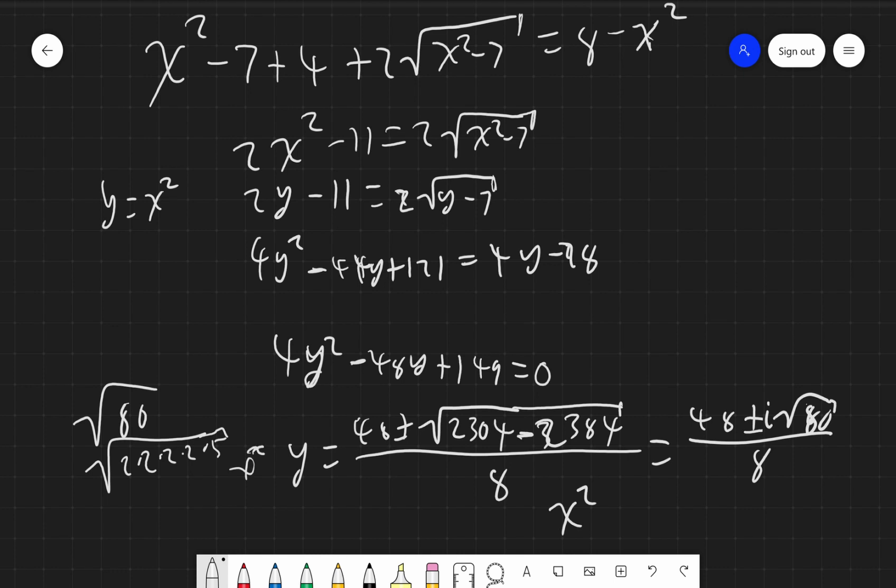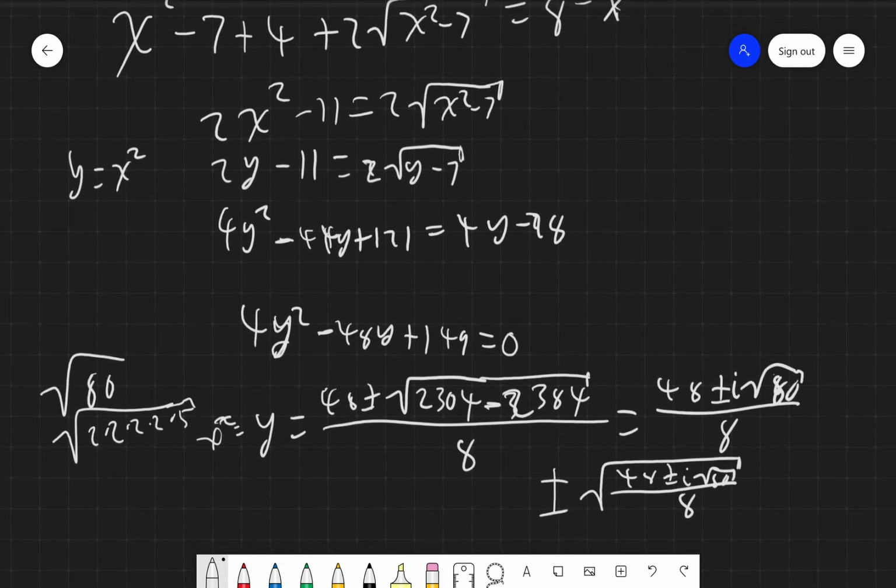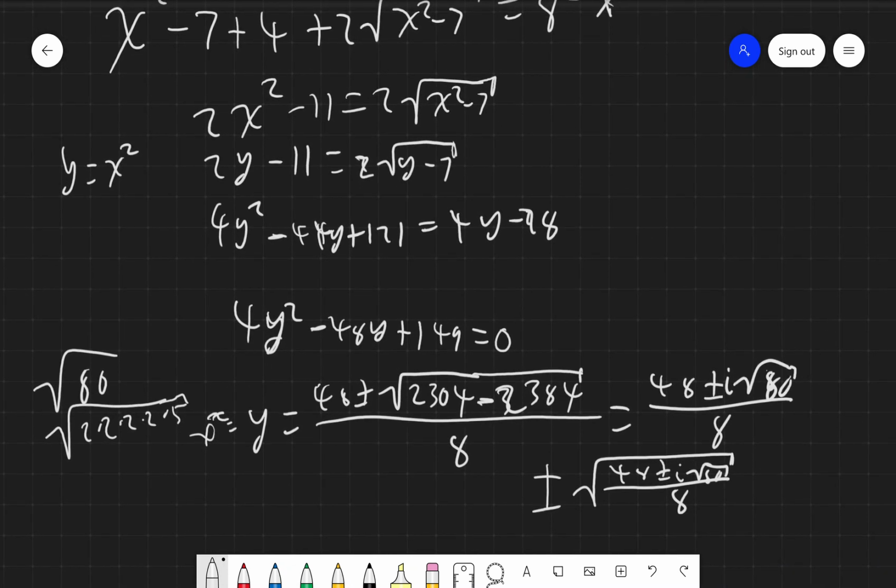Let's square root this. So it's the positive negative square root of 48 plus or minus i root 80 over 8. This is not something I'd want to check. So I'm not gonna check it.